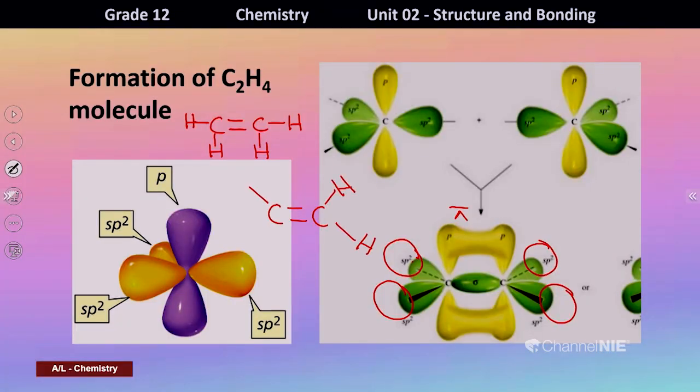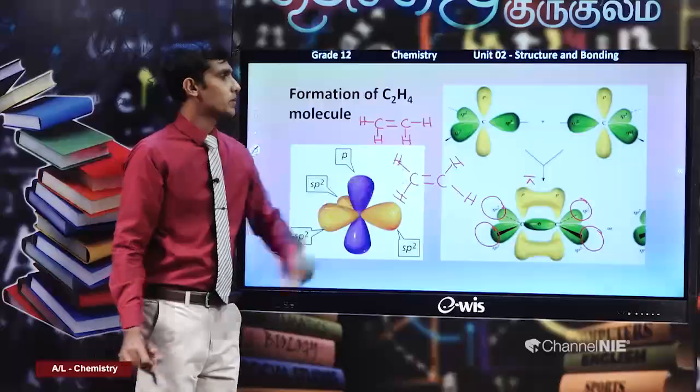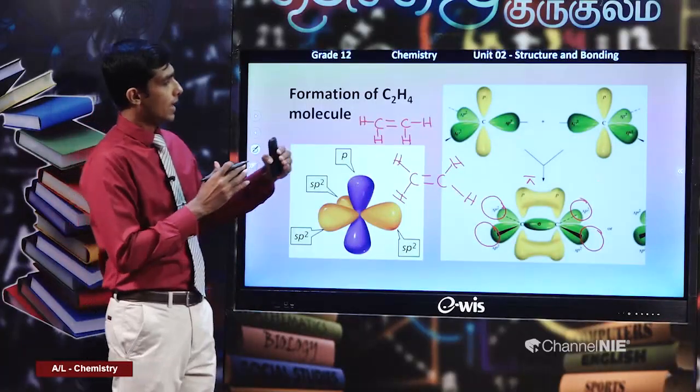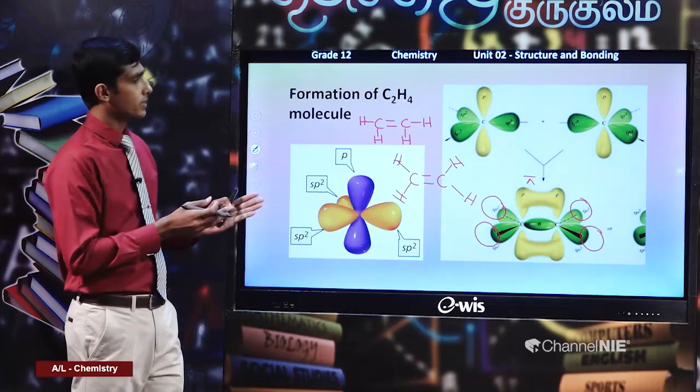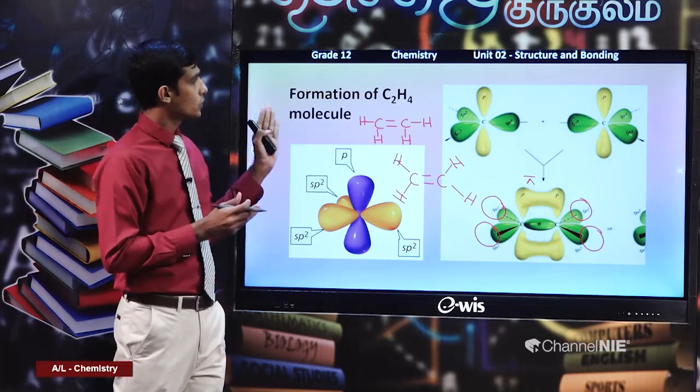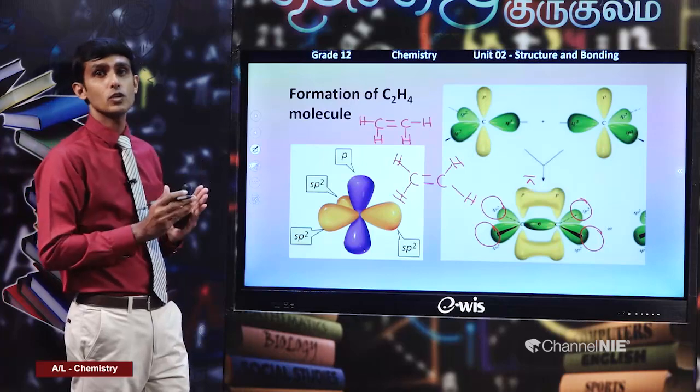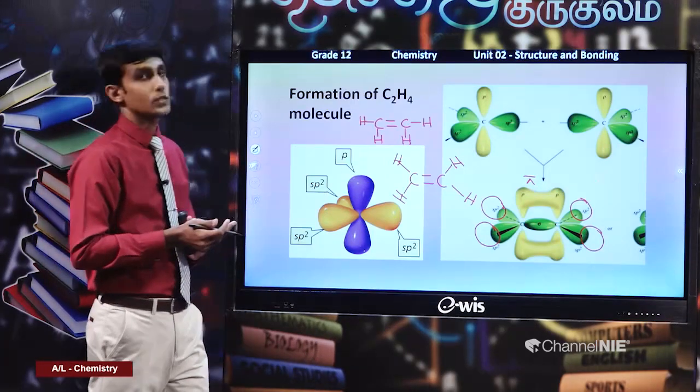Now, the experimentally measured bond angles agree with the angles predicted by hybridization, the hybrid orbitals there. So, this is about sp2 hybridization and the formation of a molecule like C2H4.